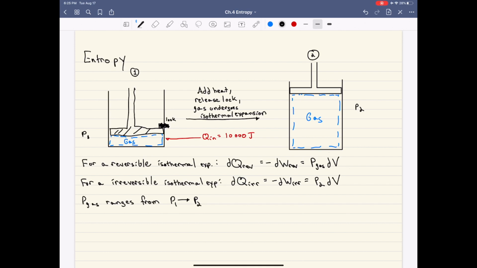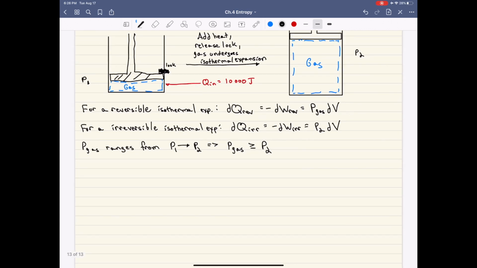All right? And so, in general, if we relate P gas for the reversible case to the P2 in the irreversible case, P gas is going to be greater than or equal to P2. Right? That's the relationship between the two.